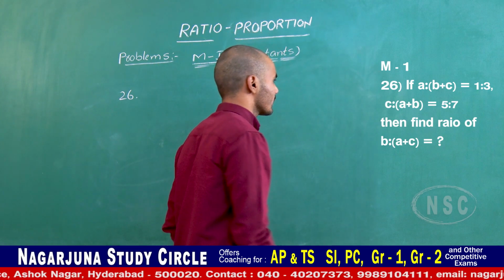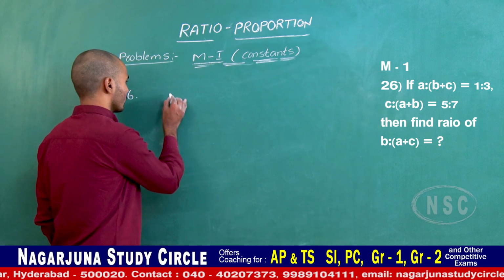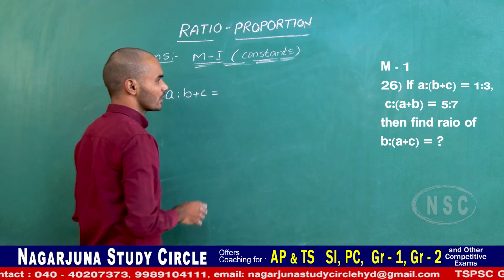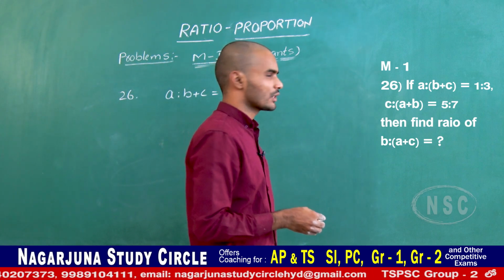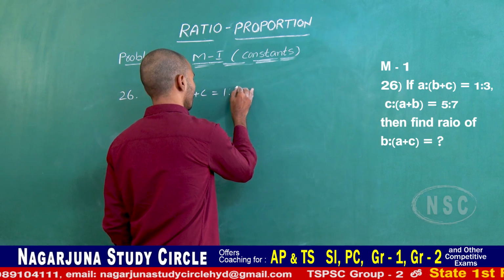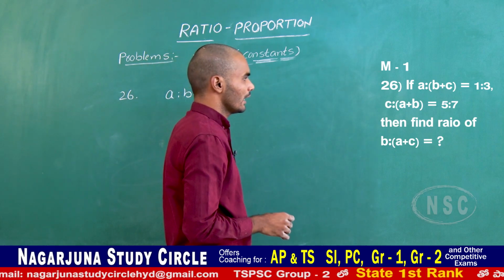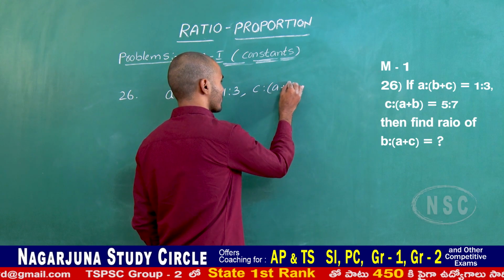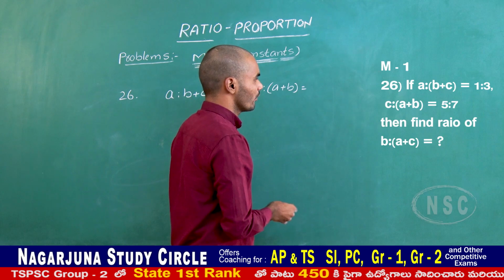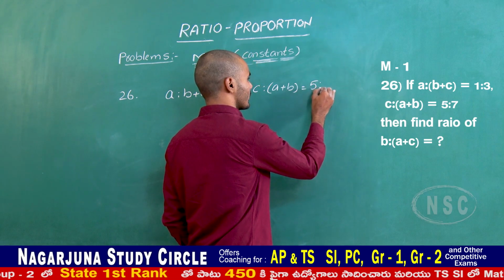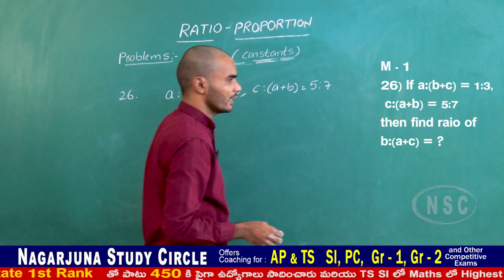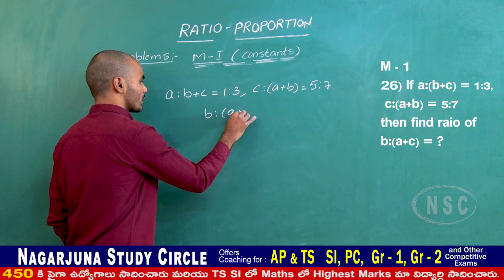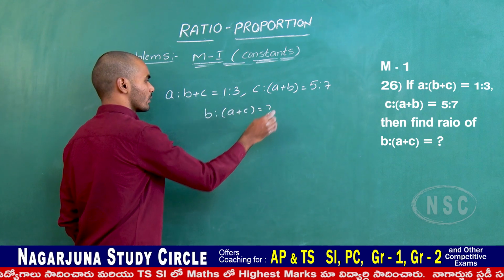The given question is A is to B plus C is equal to 1 is to 3, and C is to A plus B is equal to 5 is to 7. Then find B is to A plus C.